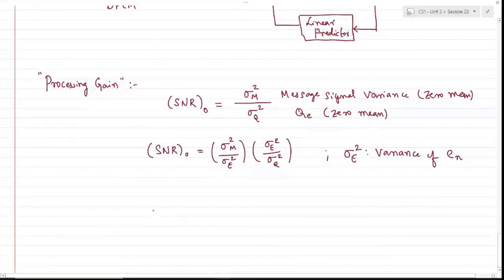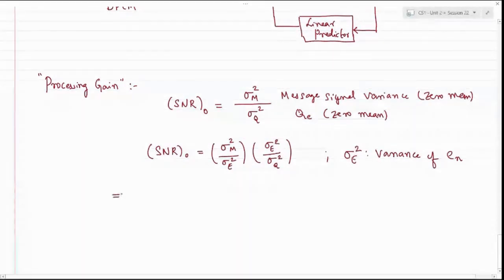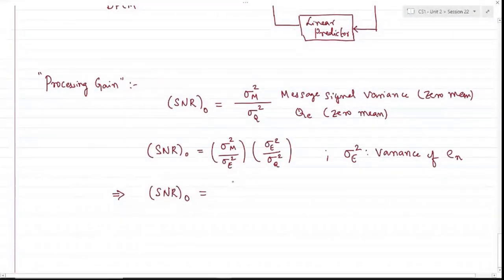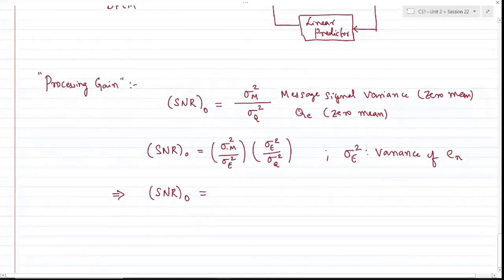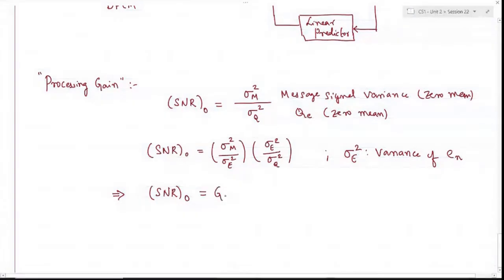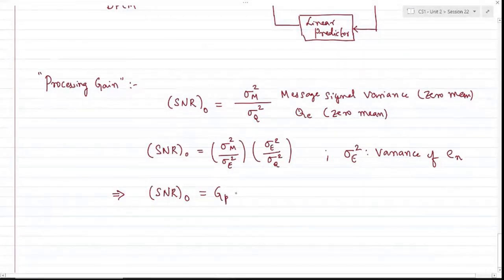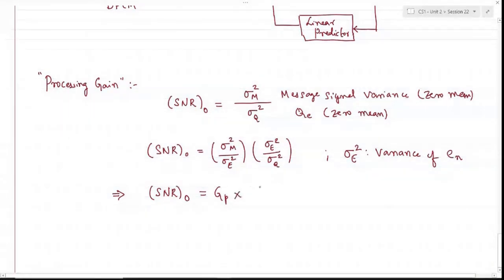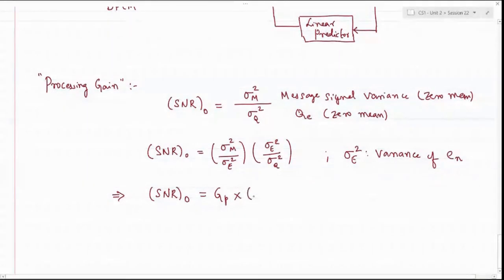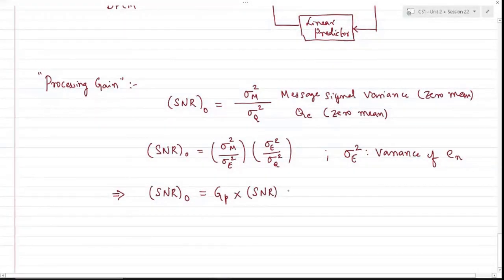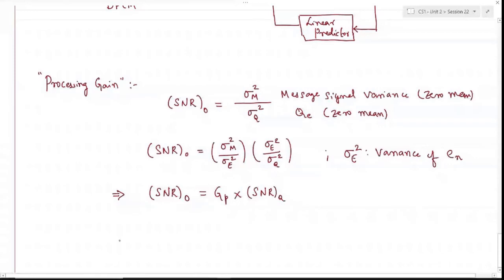Okay, and finally we can express this compactly. The signal to noise ratio can be written as the first ratio, sigma square m to sigma square e, which is known as the processing gain, in shorthand notation GP, times the signal to noise ratio of the quantization process.